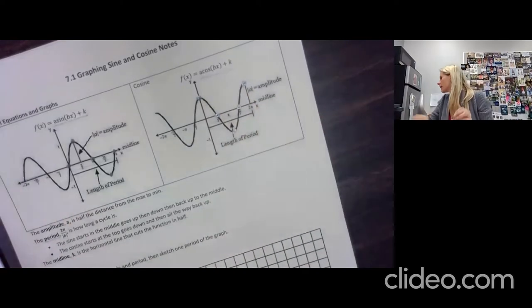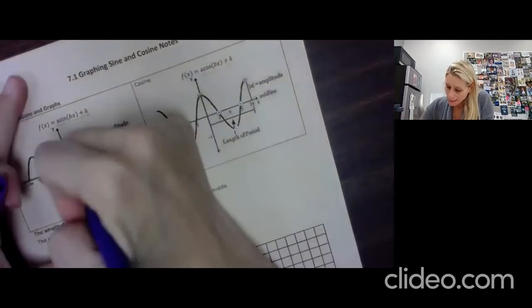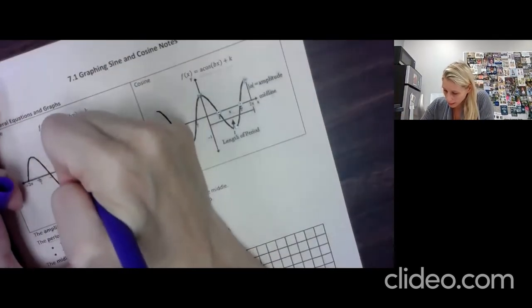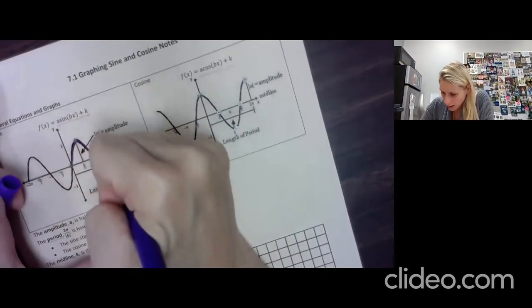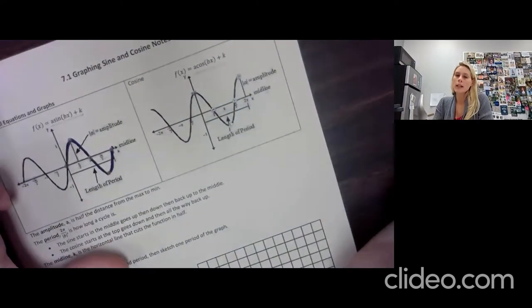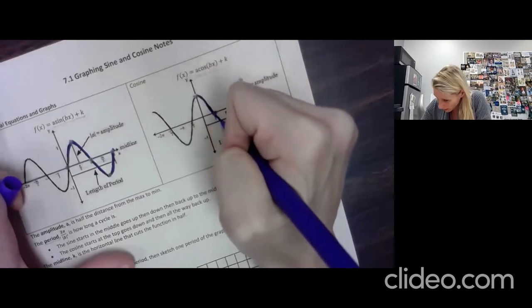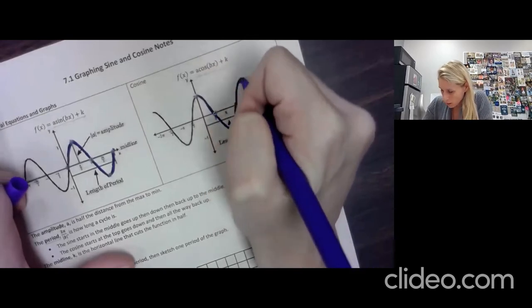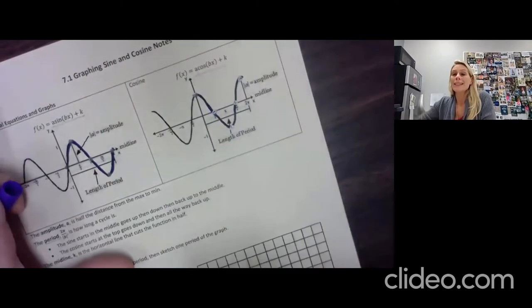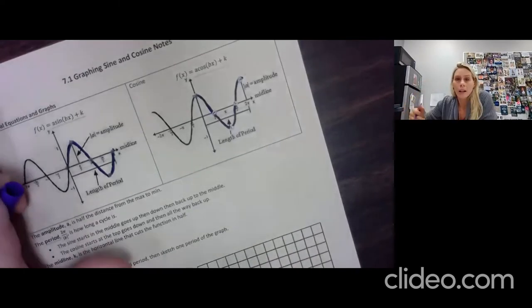So I want you guys to see, let me see if I can get a marker. Sine will start at the midline and make a wave like this, where cosine will make a valley. Or if it were upside down, it would make a hill.